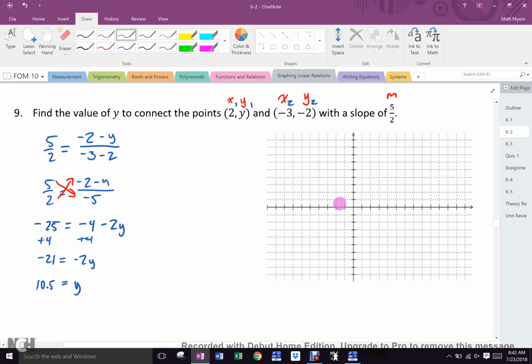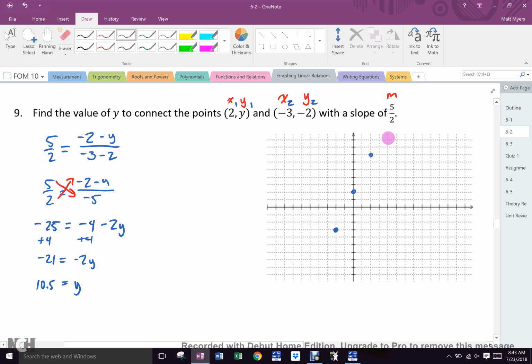I know negative 3, negative 2 is on the graph, yes? And I know I got to go up 5, 1, 2, 3, 4, 5, and over 2. Now, 1, 2, I'm off the graph. Right? So if I'm going to do this graphically, I'm in trouble, aren't I?